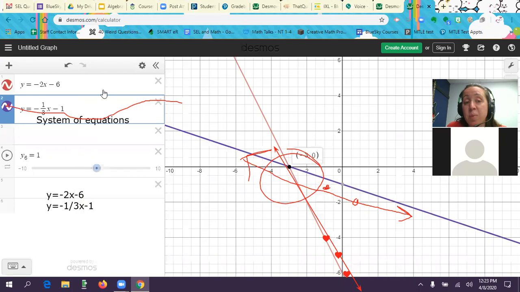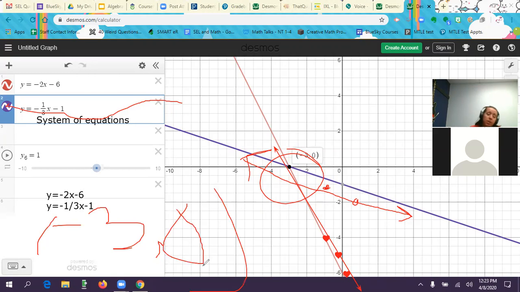So that tells us what the x and the y are. If we have -3, 0, which variable does the -3 go with? X. Yeah, -3 is the x and 0 is the y.